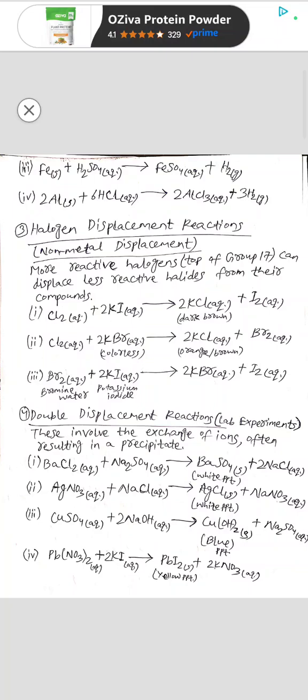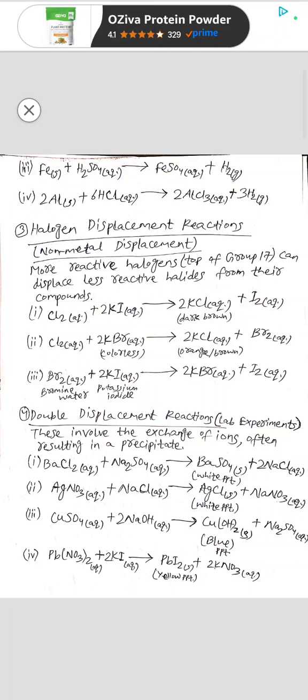In this reaction also exchange of ions takes place. In HCl there are two ions, H+ and Cl-. In NaOH there are two ions, Na+ and OH-. The ions are exchanged. The H+ ion combines with the OH- ion to form water, and the Na+ ion combines with the Cl- ion to form NaCl. So this is an example of a double displacement reaction.